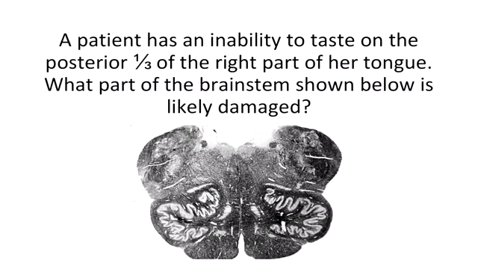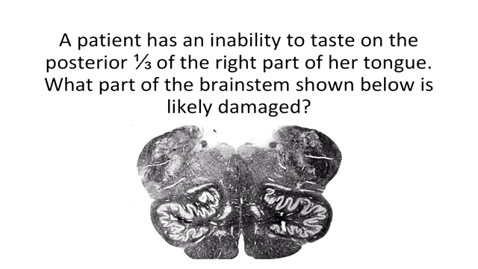A patient has an inability to taste on the posterior 1/3 of the right part of her tongue. Which part of the brainstem shown below is likely damaged? In order to get this question right, you first need to be able to recognize the different regions of the brainstem.